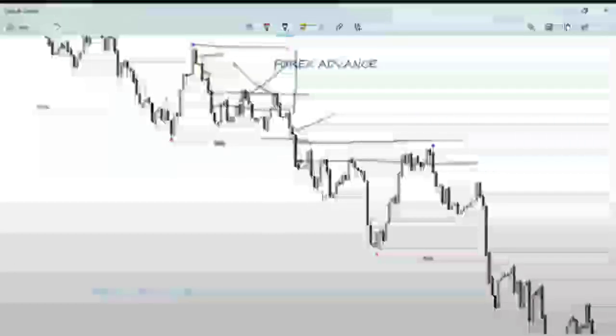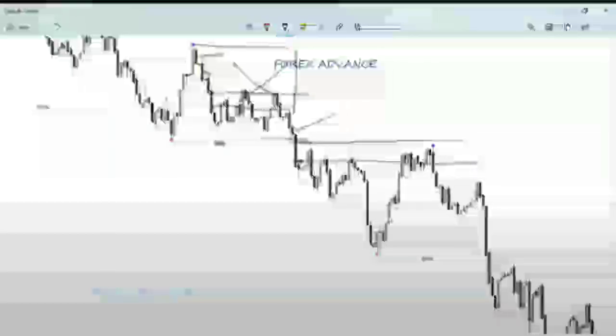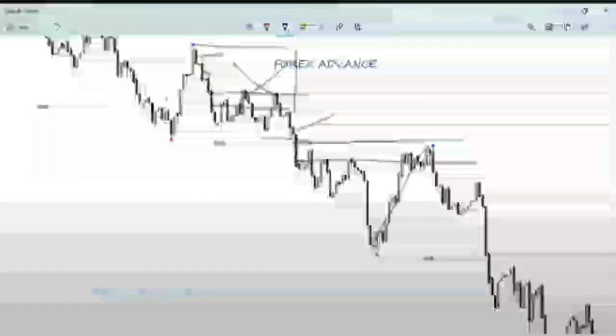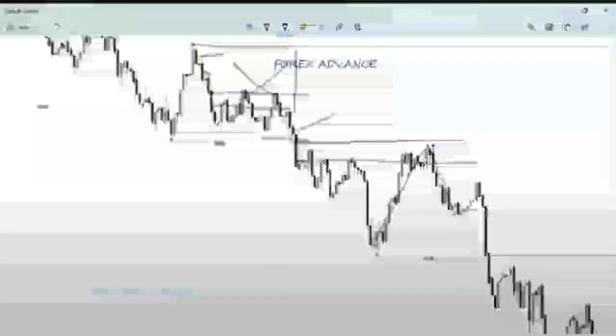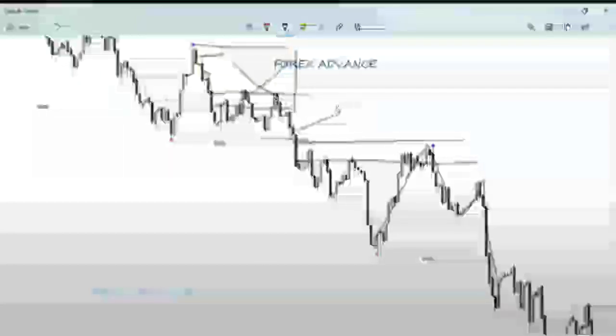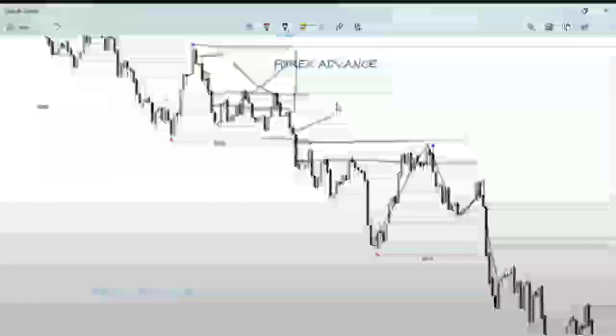The market has touched and entered your order flow, and then again it continues towards its downward movement.